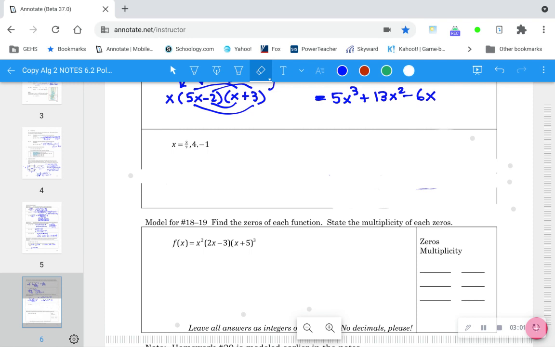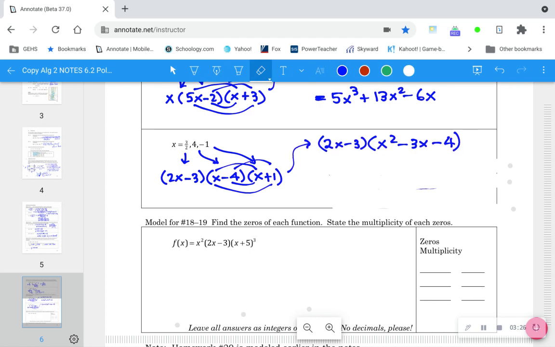Okay, this next one here has zeros of 3/2, 4, and 1. And when you work backwards from those, you get these factors. We're going to start by FOILing out the back. It'll give x squared, 1x minus 4x, and negative 4. So when you combine the middle terms, that's what you get.